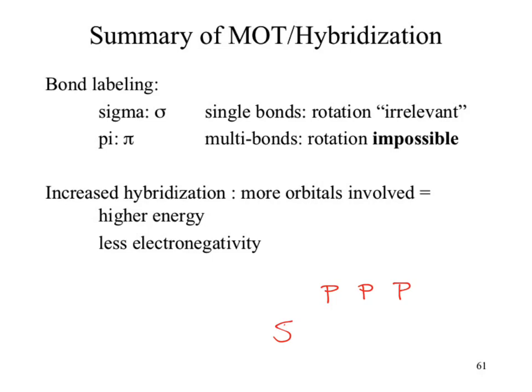I put all three p orbitals higher than the S. All three P are higher than the S, but all three P are at the same level. Why would I do that? Because P orbitals are all of equal energy, and our P orbitals are higher in energy than our S. So there's our diagram. As we increase hybridization, we have more orbitals. So we're talking about going from S to SP, to SP2, to SP3. Why would we be getting higher in energy?